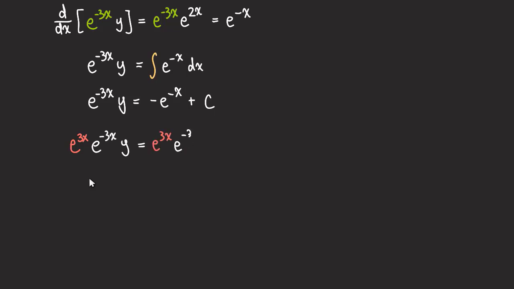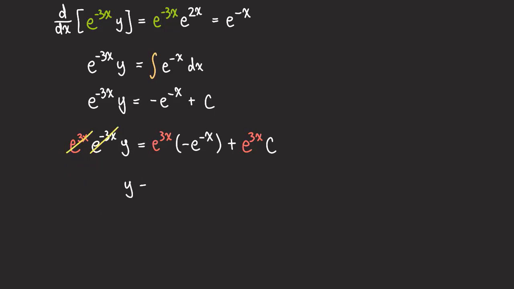No, actually, that's not correct. I should be just copying the stuff from the top, right? So it would be negative e to the negative x, and then plus e to the 3x times c. And as you can see here, we can cancel those two. So let's cancel them, and then we have y isolated.